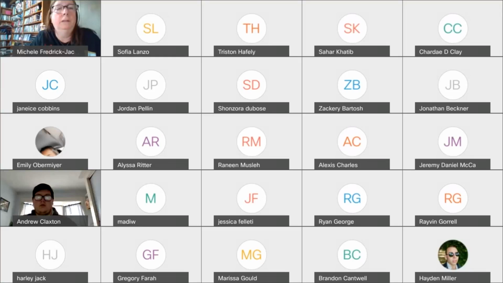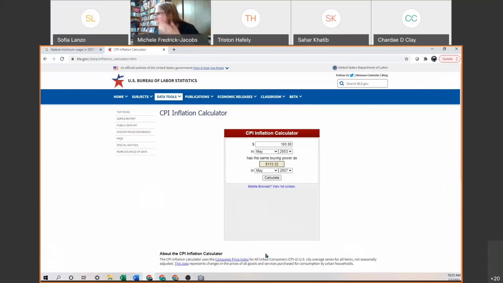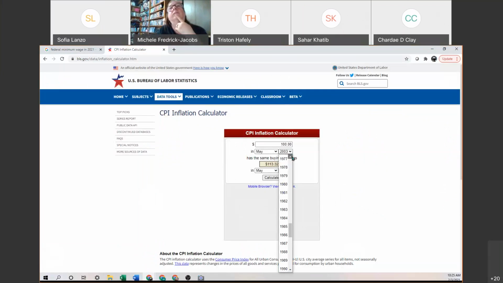So would we take 12.5, put that in the inflation calculator? Or no, we want the 4 cents. Yeah, because we want the price per hour. So you want to use the 4 cents. But if you look at our inflation calculator, it only goes to 1913. You need to use a different inflation calculator.